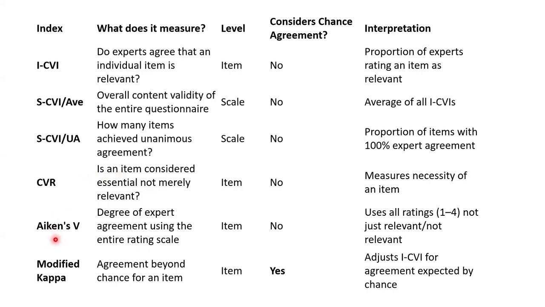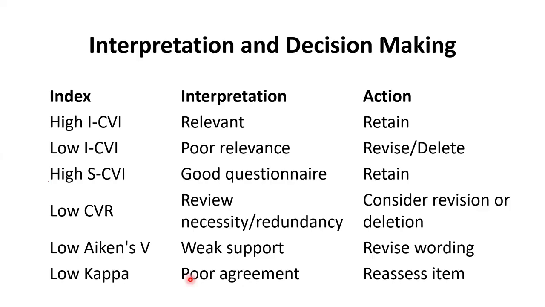The ICVI is telling me the degree of agreement. This is just telling me the agreement, but when I am looking at the granularity, it is telling me the degree of agreement, and what agreement is there beyond chance is what modified kappa is telling me. So these indices are different from each other and need to be reported for content validity.